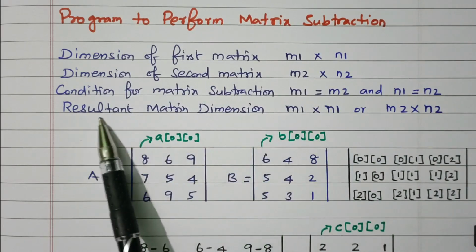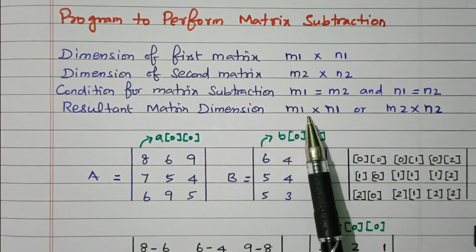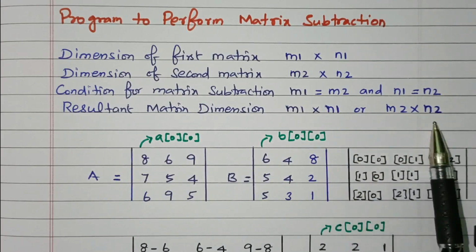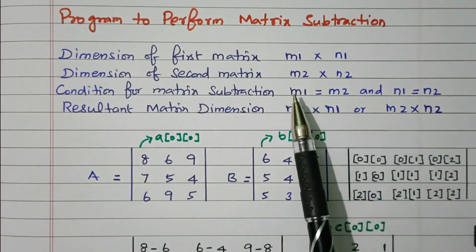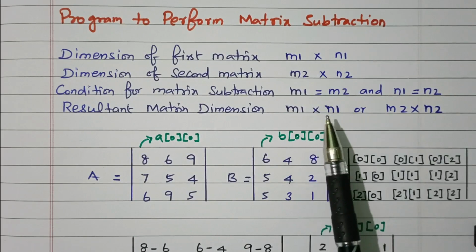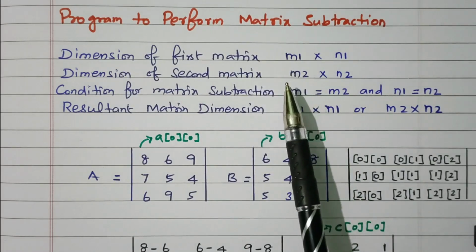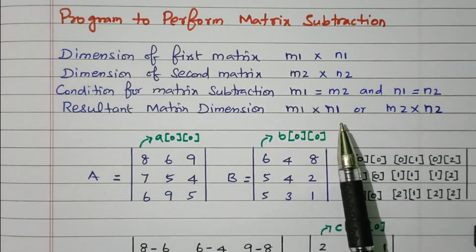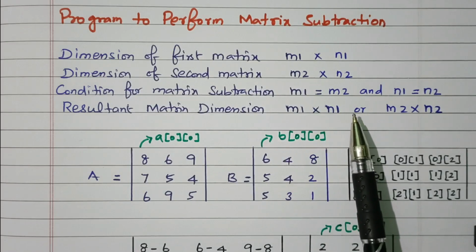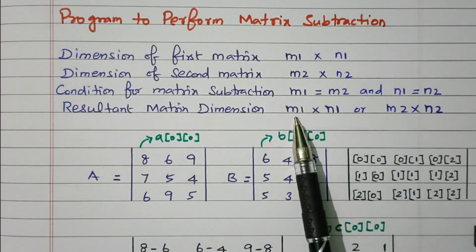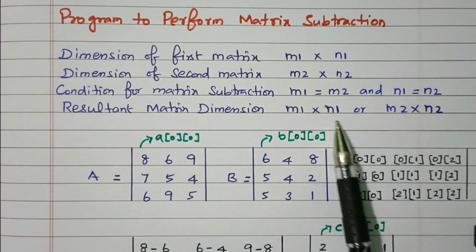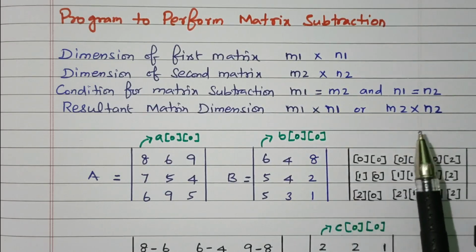So based on that, the resultant matrix may be m1 into n1 or m2 into n2 because all the dimensions are the same. The dimensions of the first matrix, second matrix and resultant matrix are equal. Then only we can perform the subtraction.